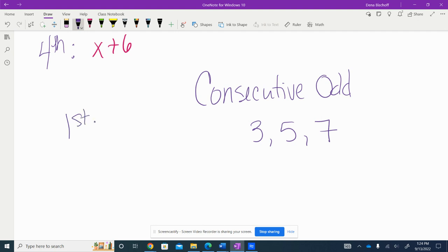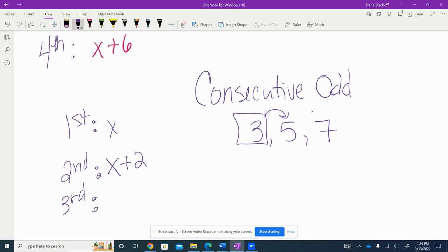So the first integer we represent with an X. The second integer we represent with, what did I do with this to make it go to that? 3 plus what equals 5? I heard someone say it. 2. And my third integer, to go from 3 to 7, what do I add? 3 plus what equals 7?